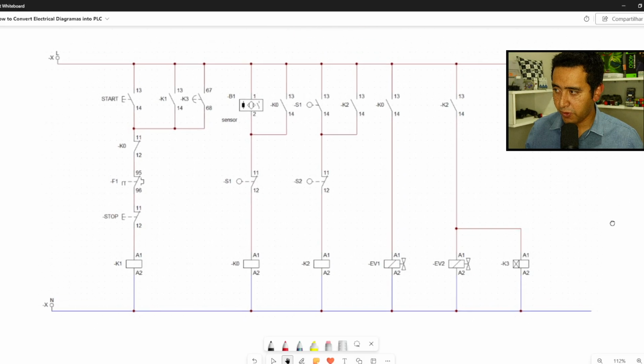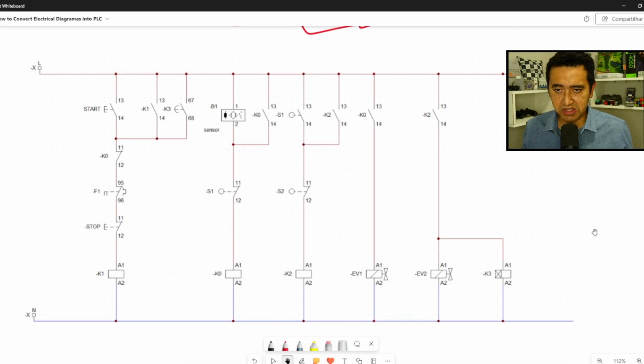Right here, we have a control diagram. This is a very simple, easy control diagram. We have some normally open contacts, a start button, and a stop, K1. K1 is a contactor. Then we have here F1. This contact with the symbol means overload.